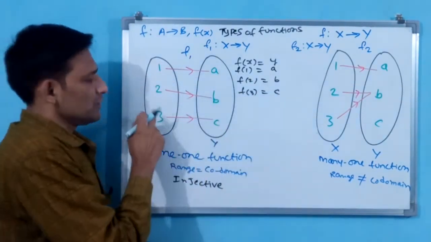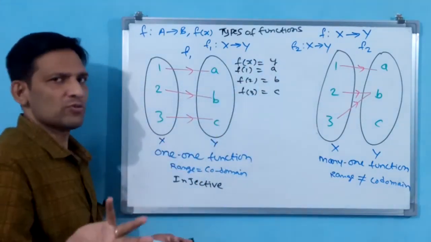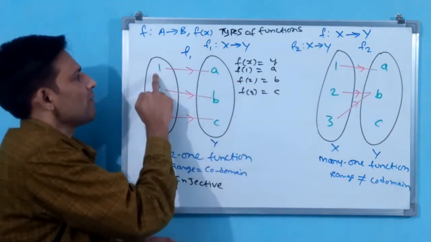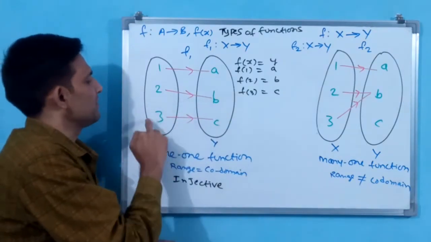Is it correct? For this function I am talking. f of x is equal to y only, normally. But y means a. f of 1 is equal to a, f of 2 is equal to b, f of 3 is equal to c.